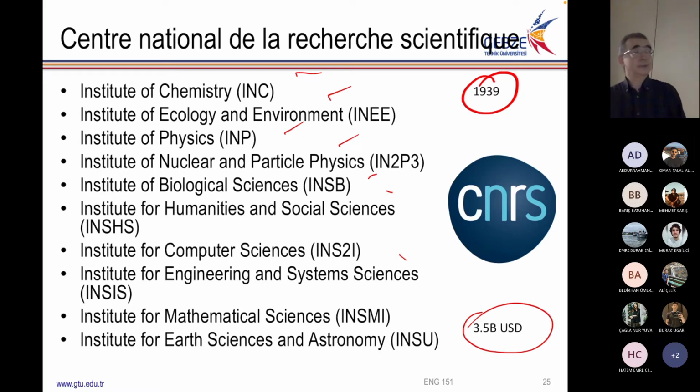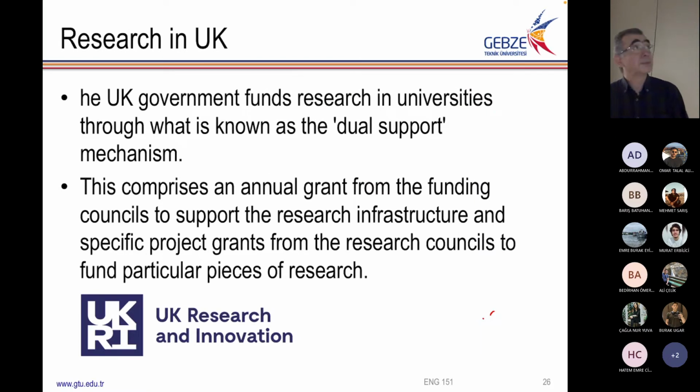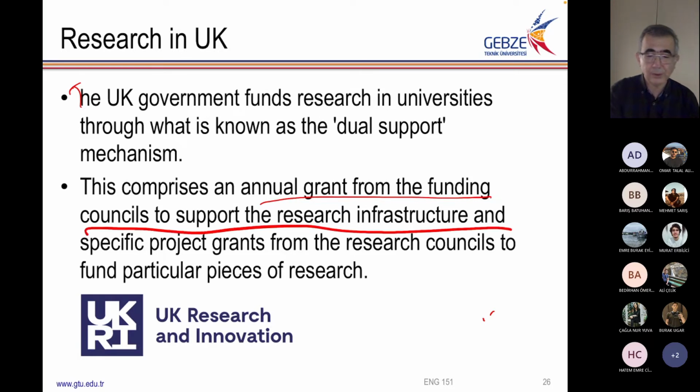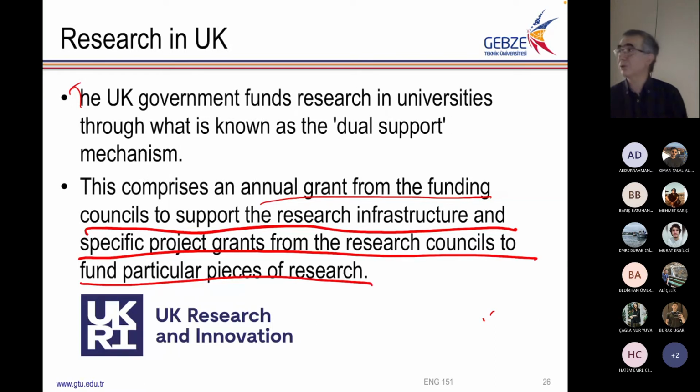In the UK, it is different. The UK doesn't support research directly by government. The UK government funds research in universities through a dual support mechanism: an annual grant from the funding councils to support the research infrastructure, and specific project grants from the research councils to fund particular pieces of research.